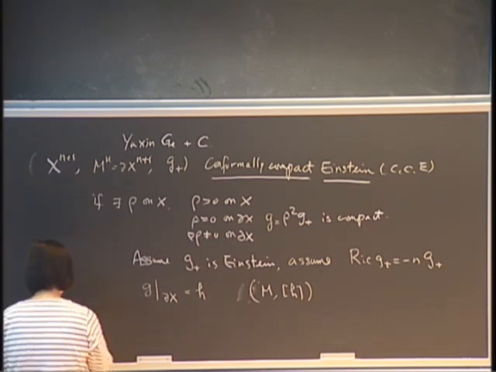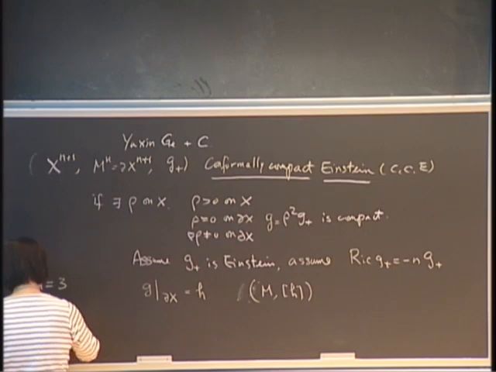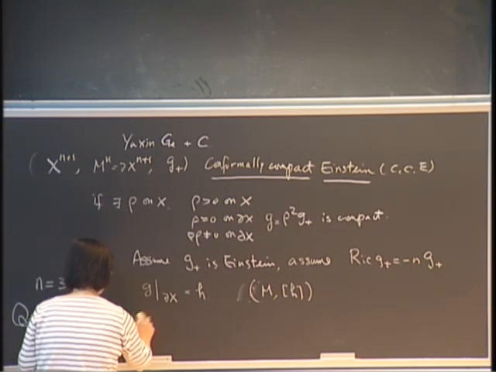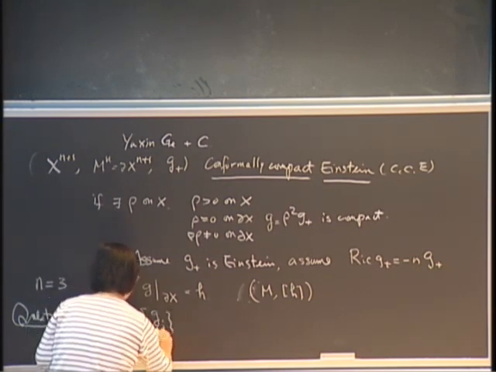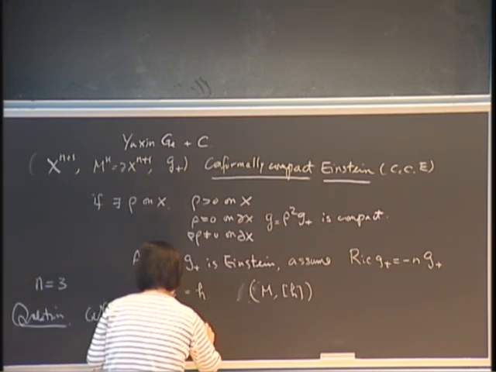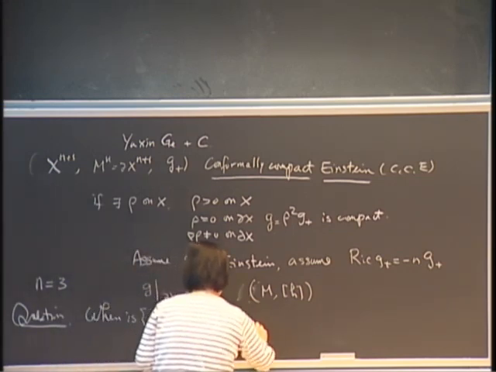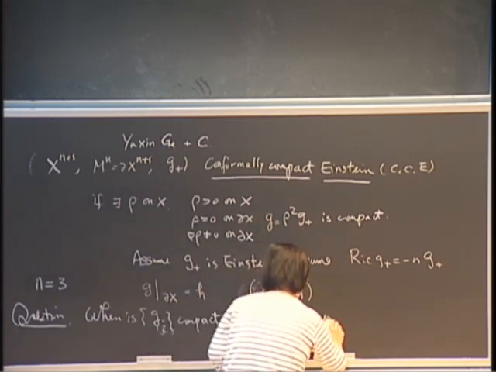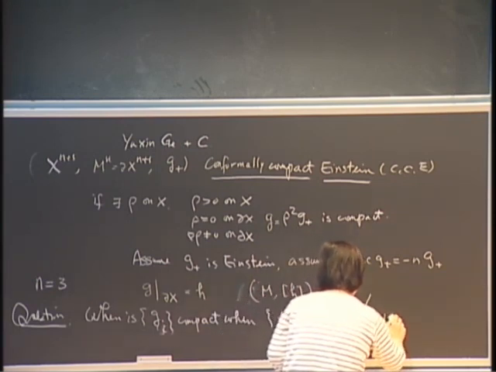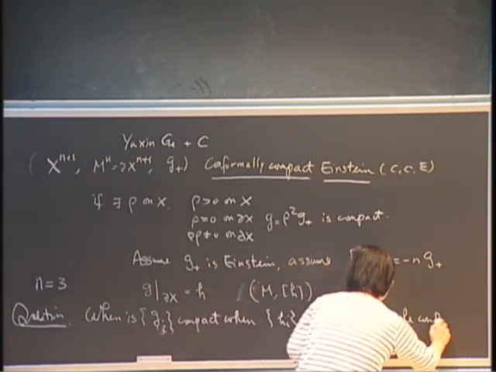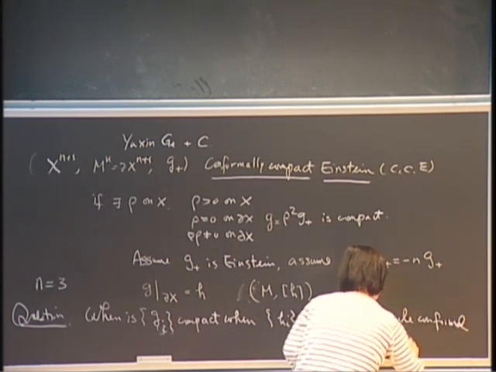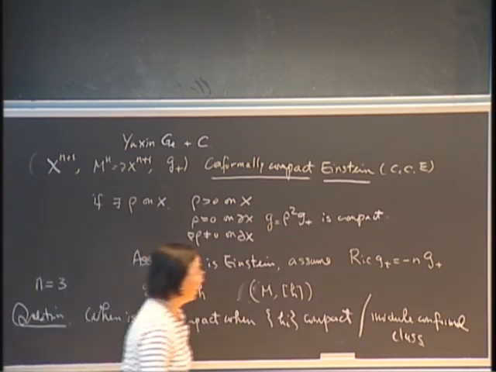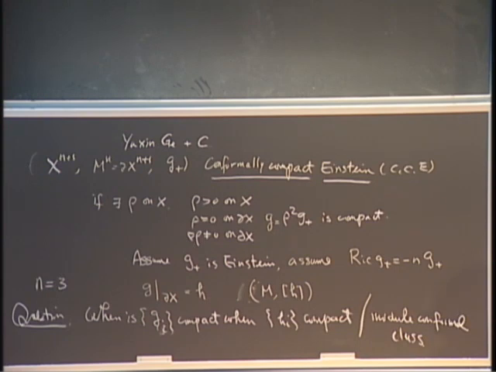So my question is, when given a sequence of such metrics, when is G_i compact, when H_i is compact, modulo conformal class. So that's the question I'm trying to address. So here is the theorem which we hope to get.